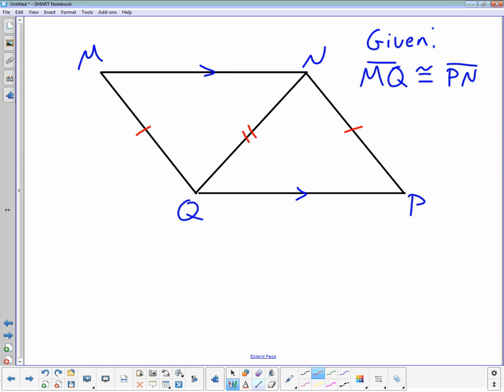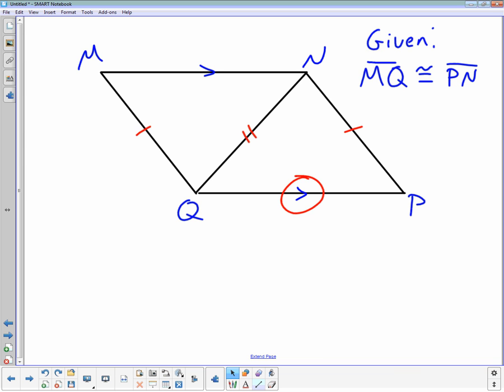Okay. Uh-oh. I don't know what to do now. I need some more parts. What is this? What does that mean? Whoa, what's that symbol? That's the parallel symbol.